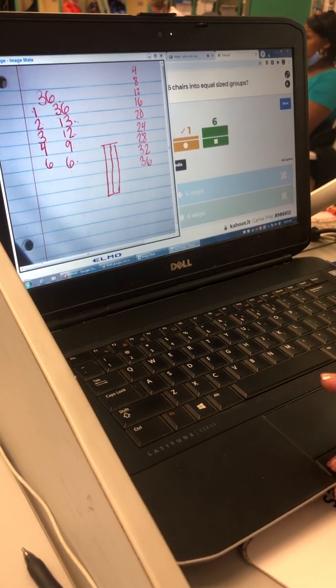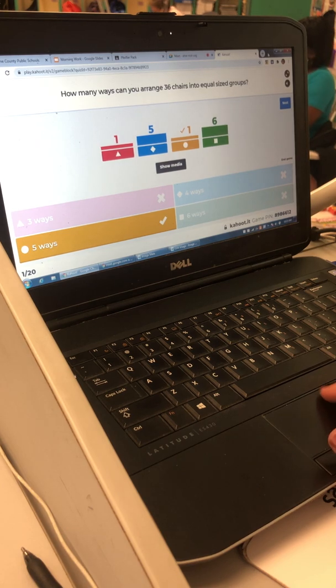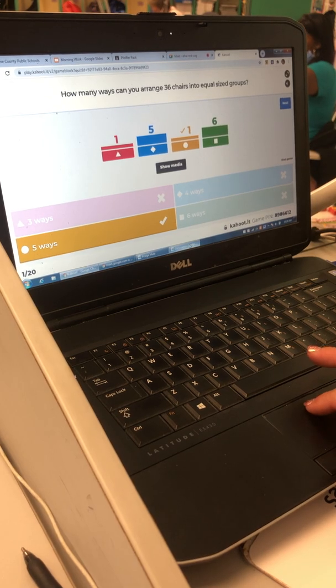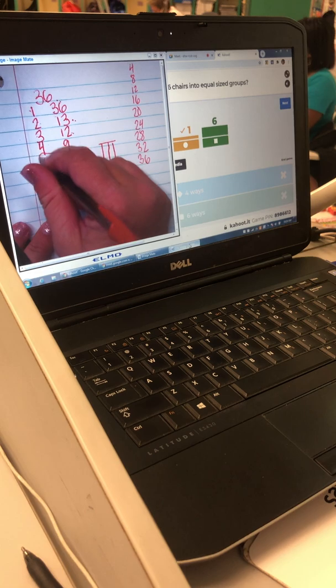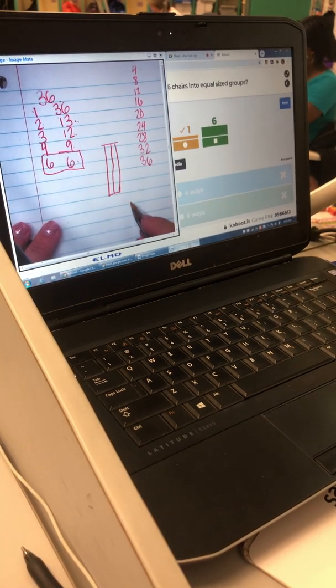So when it says equal size groups, that would mean the factor pairs. Only one person got it right. It would not be 6 ways. I could see how you would think it was 6 ways, because we know 6 times 6 is 36, but that's only one way it could be.